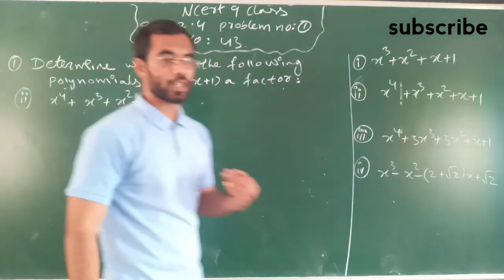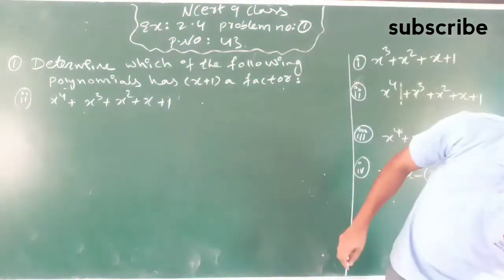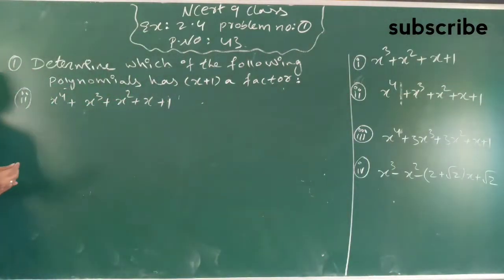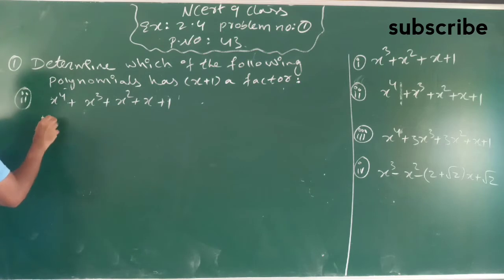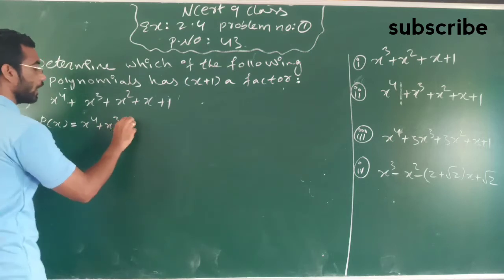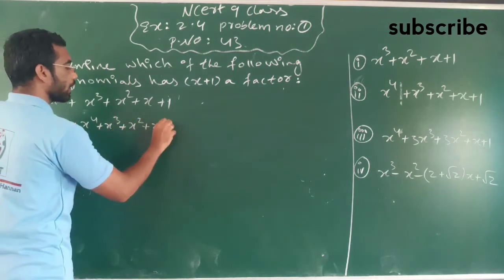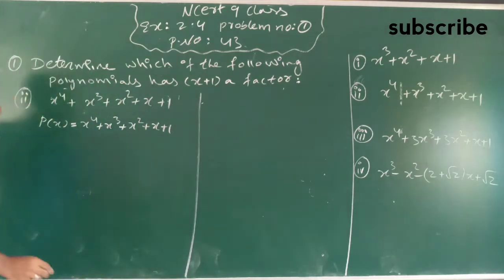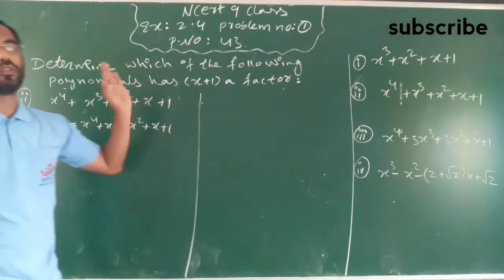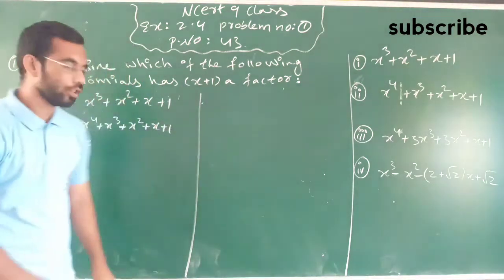As we did in the previous question, p of x equals x to the power 4 plus x cube plus x square plus x plus 1. G of x is given as x plus 1, and we will use x plus 1 for all the problems.